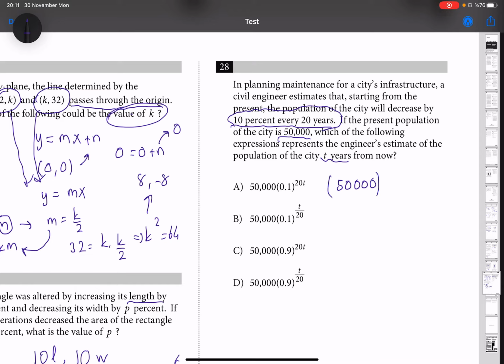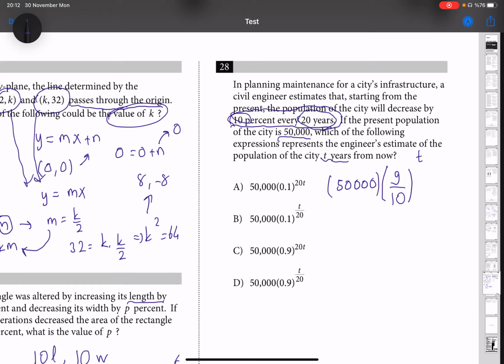So now I know that population will drop 10%. So I can write the dropped version as 9/10, I mean 9 over 10. So in t years, what will be the change? This 10% is expected for 20 years, right?